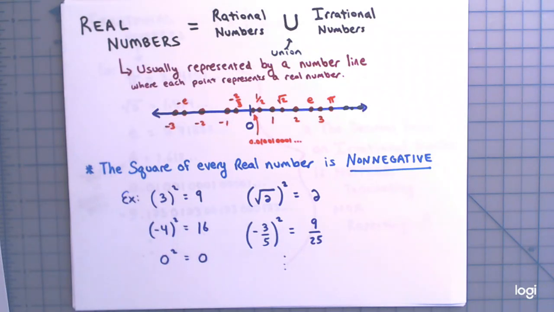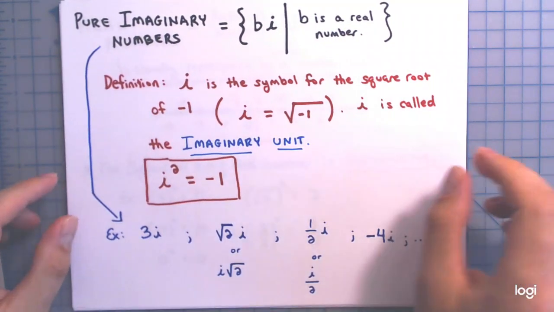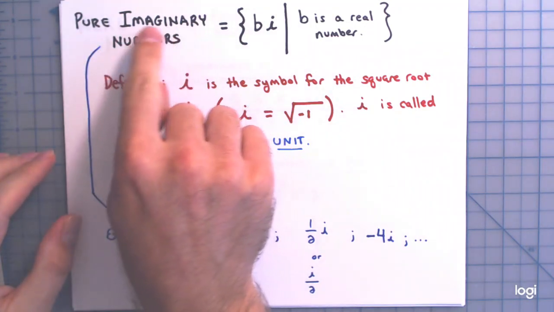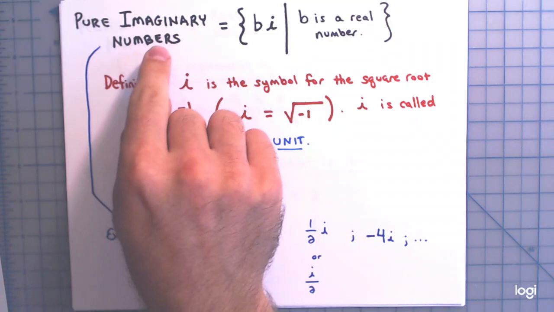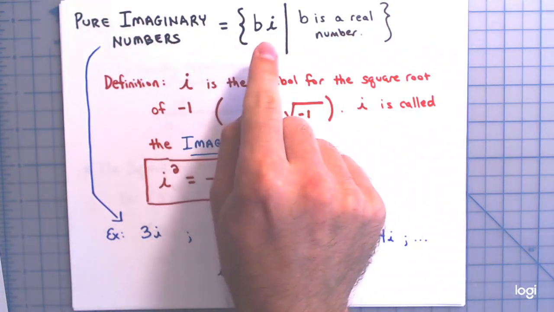And so what I'm going to get into on the next page is a totally different set of numbers. Okay, these are not real, and I'll write that here. These are called the pure imaginary, or just the imaginary numbers. And over here I have how they're constructed. Set builder notation.